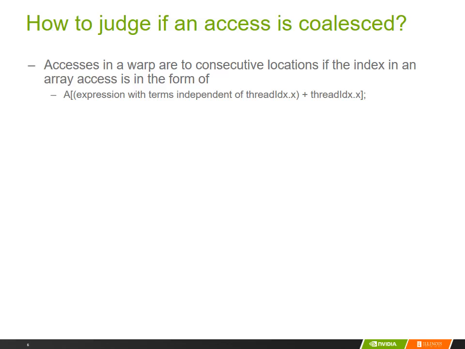So if the memory access is to an array, and the index into the array is in the form of an expression with terms independent of threadIdx.x plus threadIdx.x by itself, then these threads will be accessing consecutive locations. And if the first expression ends up with values that are multiples of the burst size in the DRAM sections, then we know that we have a fully coalesced access.